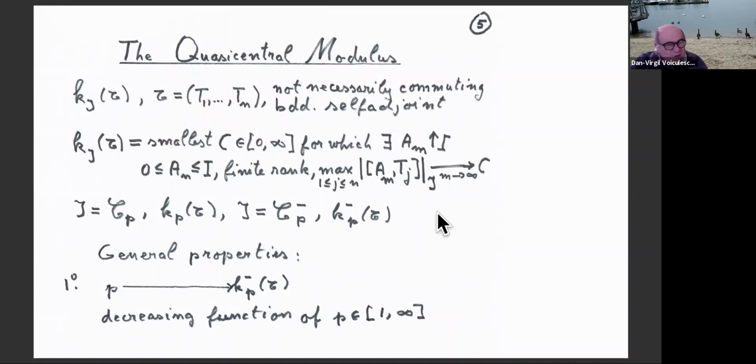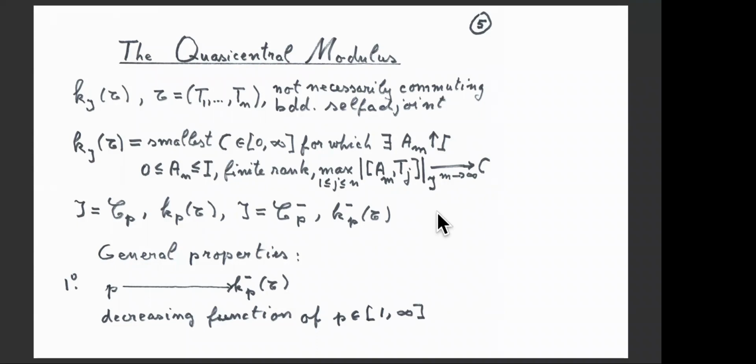So first, it's a notation. It's K_I(tau), where I is the normed ideal, and tau is the N-tuple of bounded self-adjoint operators, but they are not necessarily commuting. So K_I of tau is a number which is associated with a normed ideal I and this N-tuple of operators.